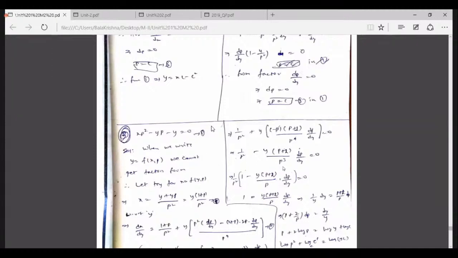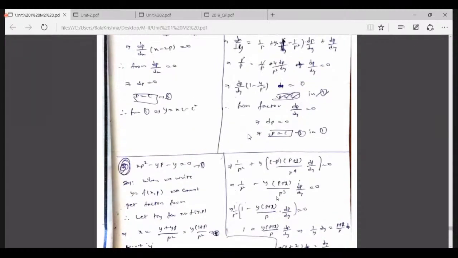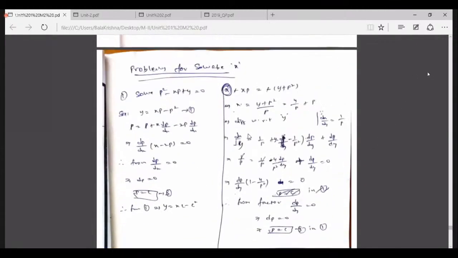In general, we cannot predict which one we will be having. Therefore, you should be thorough with the three cases. By seeing the question, you should always identify whether you can solve for p. If it is not possible, then you should express y is equal to f of x comma p, differentiate with respect to x, convert into the form of factors, consider the factor having dp by dx, and solve for p by the variable separable method.